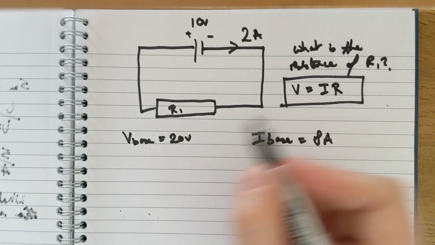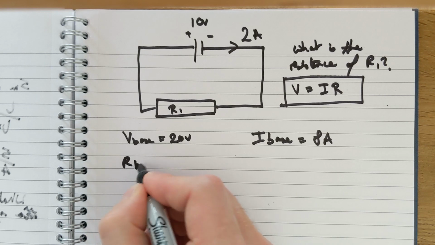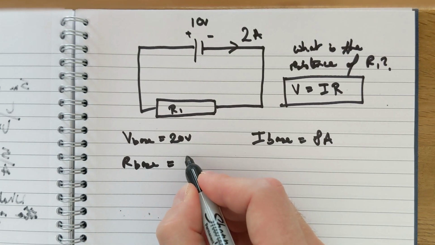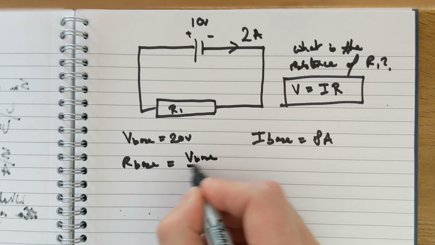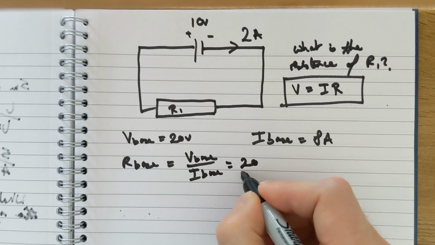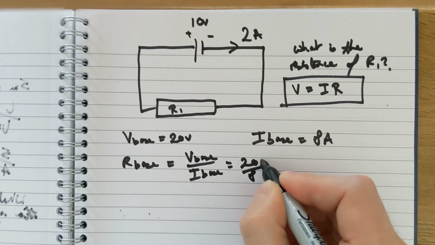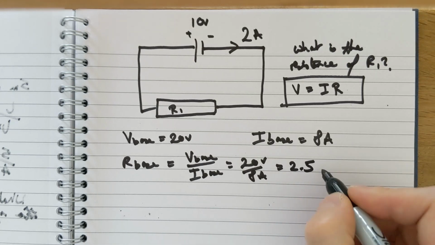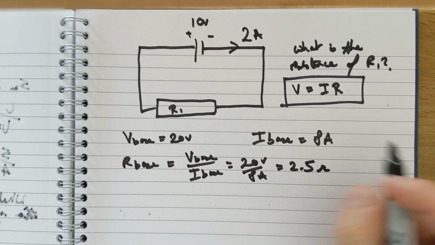The third one, R base, is V base divided by I base, which is 20 volts divided by 8 amps, which equals 2.5 ohms. That is the base value.